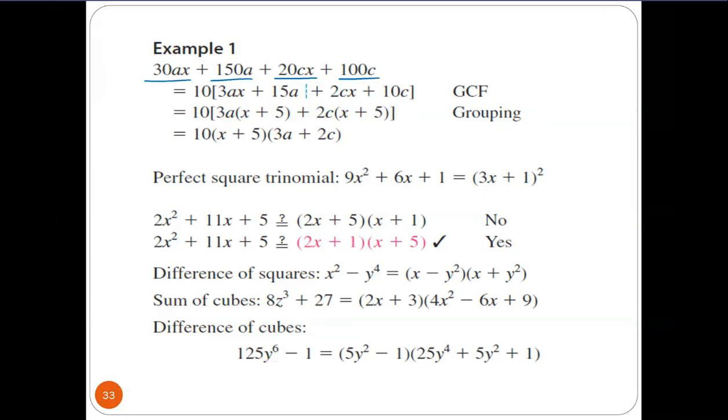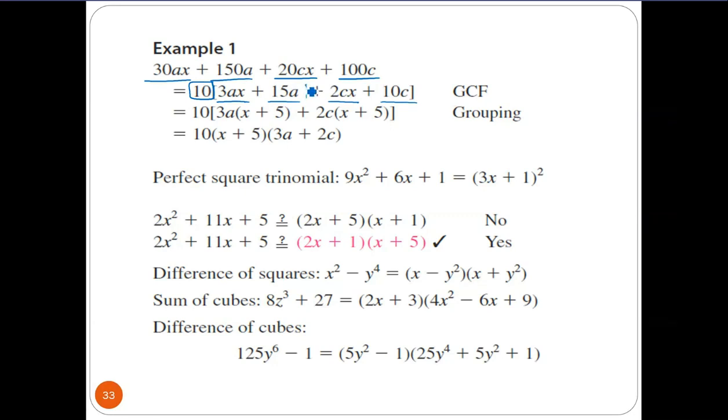I don't have a present in all of them, nor x nor c, so we cannot take them. So here we only take a number. We have 30, 150, 20, 100. So 10 is the common factor. Now 30 over 10, so we have 3ax, 150 over 10 is 15, 20 over 10 is 2, 100 over 10 is 10.